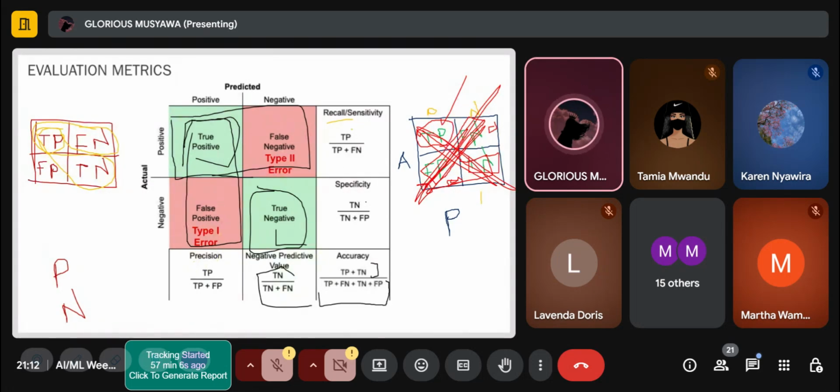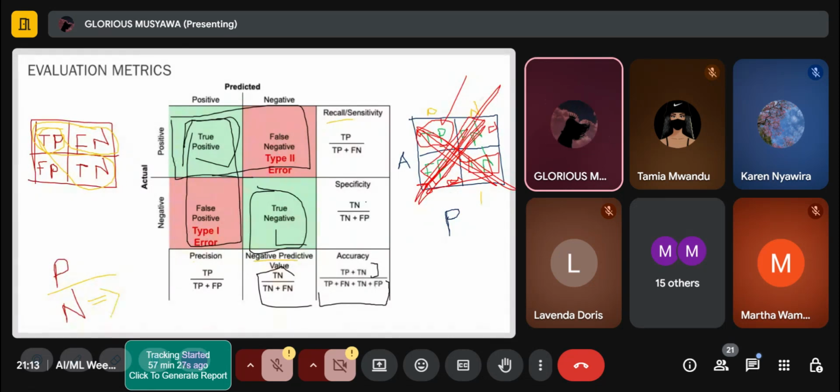But now specificity and negative predictive value is where the other class matters more. In the same example, my two classes are positive comments and negative comments, but maybe I'm more focused on this other class.